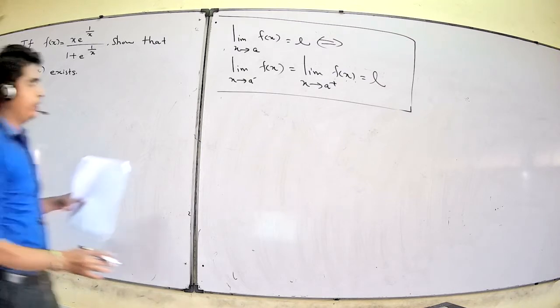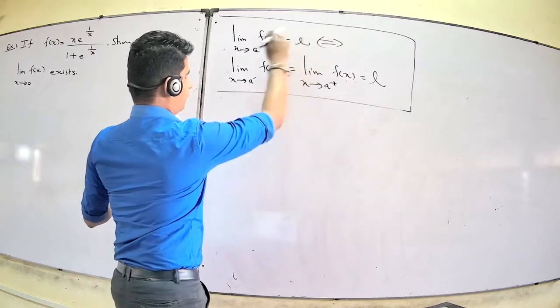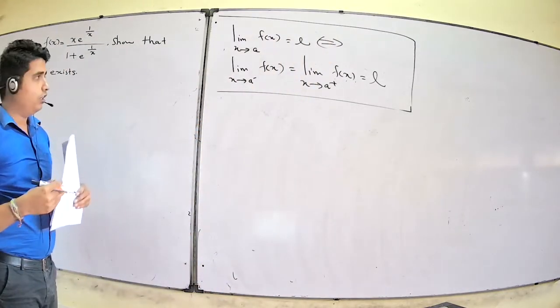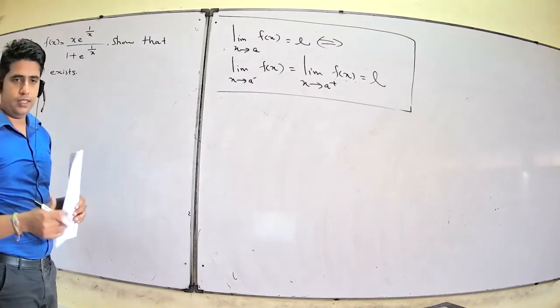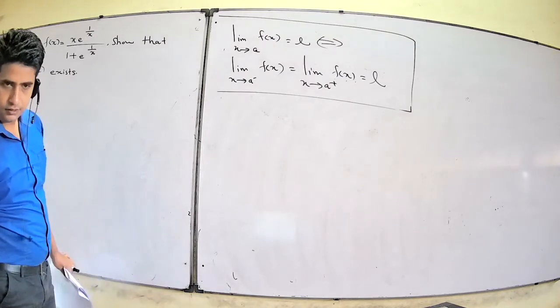Now we want to calculate this left limit and right limit. If both are equal, you can say that the limit exists. If both are not equal, then you can say that the limit does not exist.